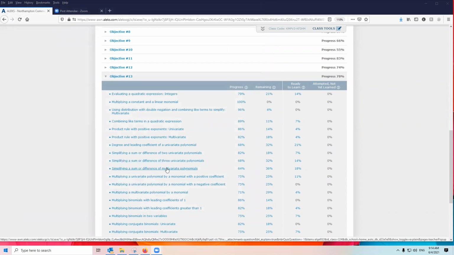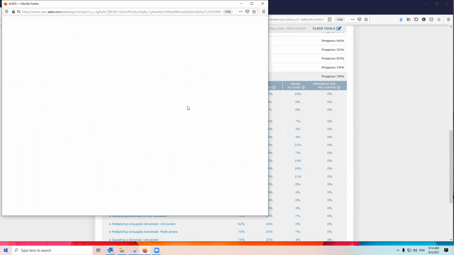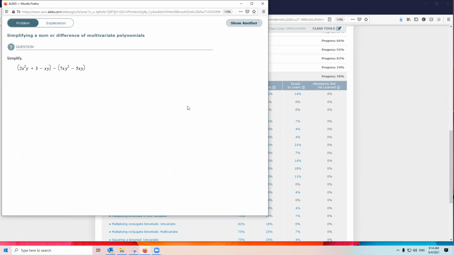All right, why don't we do an example of combining like terms? Now, again, in this example, you'll notice there's a subtraction in front of this second parenthesis. So I'm going to write the first parenthesis down here.